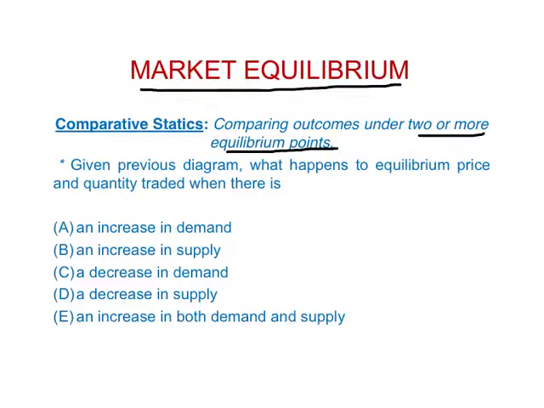This could happen because of shifts of demand or supply curves. And what we'll do next is look at an increase in demand, what are the consequences of that, an increase in supply, and then the opposite of that, and then a combination of A and B. So let us look at each of these one at a time.